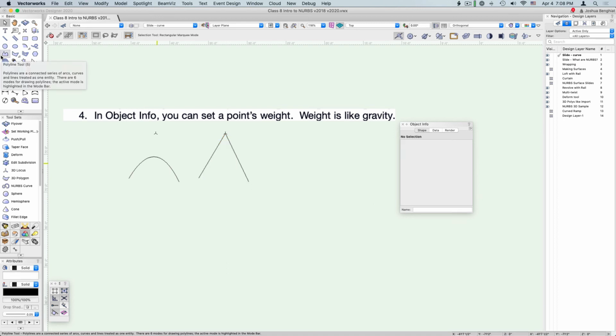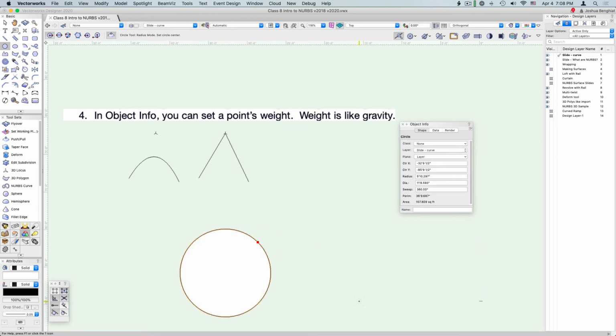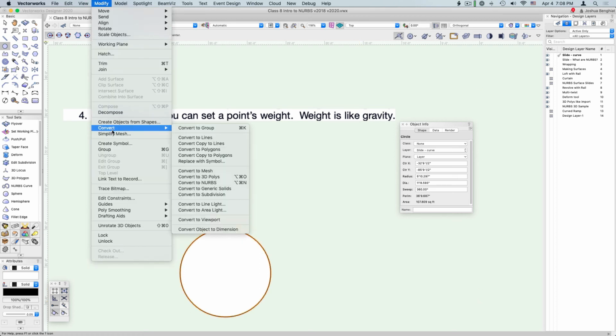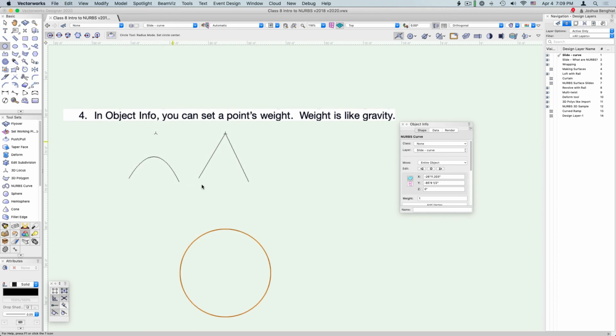So if we want to see a more practical application of weights, go ahead and in your 2D tools, select the Circle tool and just draw a circle. All right, now go up to the Modify menu, down to Convert, and convert to NURBS. We can actually turn almost any shape in Vectorworks into a NURBS curve.